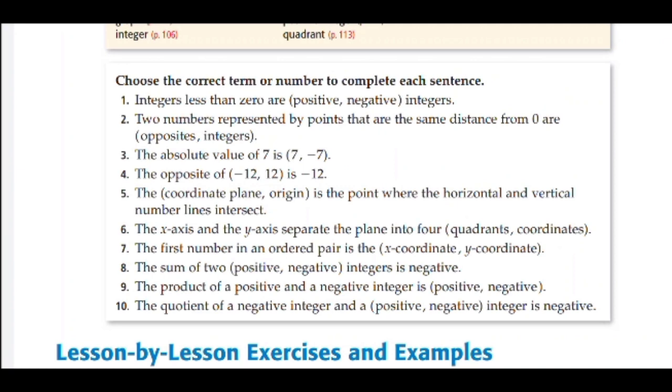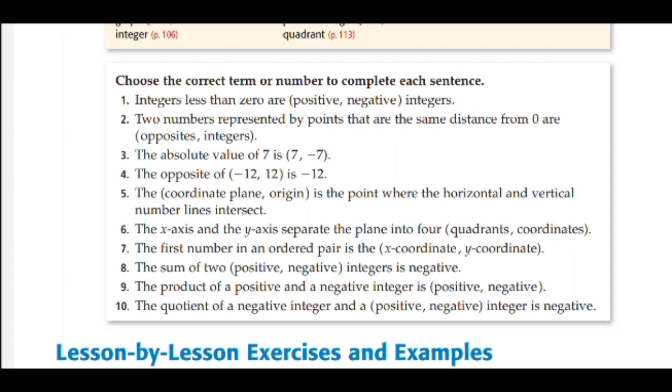Two numbers represented by points that are the same distance from 0 are opposite integers. 3. The absolute value of minus 7 is 7. 4. The opposite of minus 12 is 12.